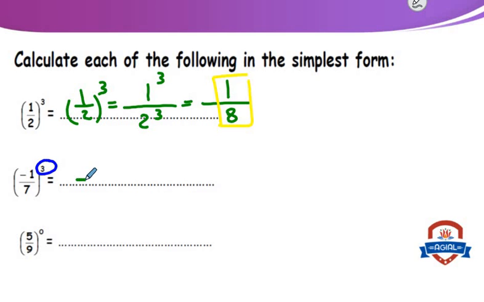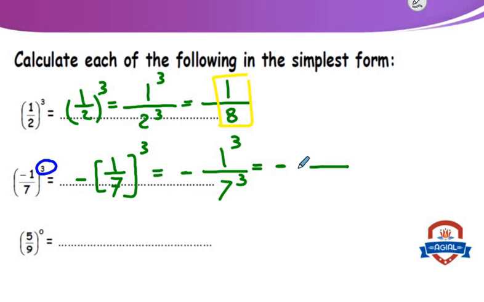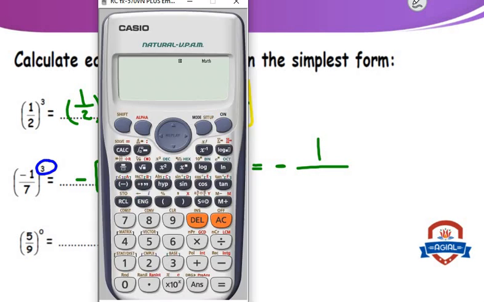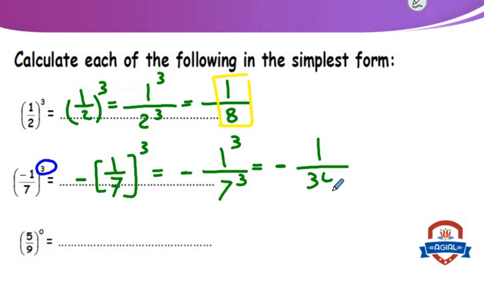That equals negative 1 to the power 3 over 7 to the power 3, which equals negative 1 over 7 to the power 3. 7 times 7 times 7 equals 343. The answer equals negative 1 over 343.